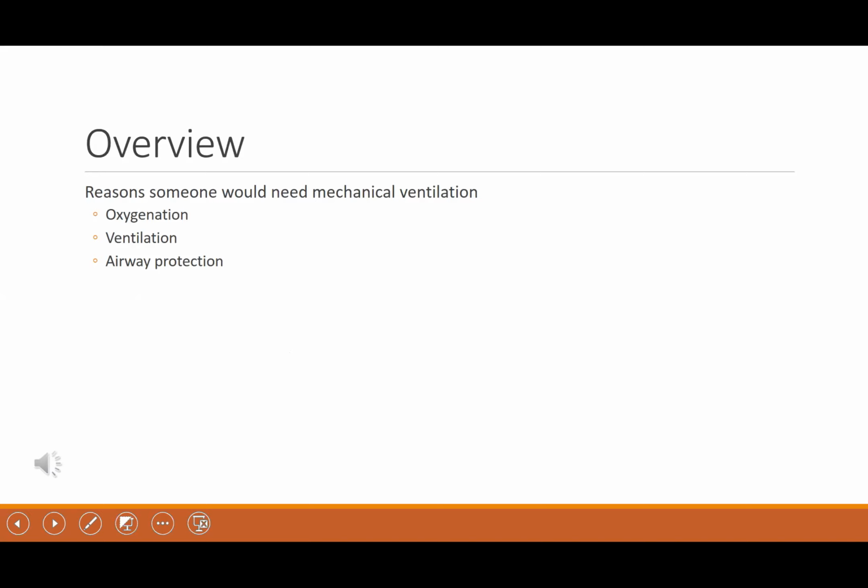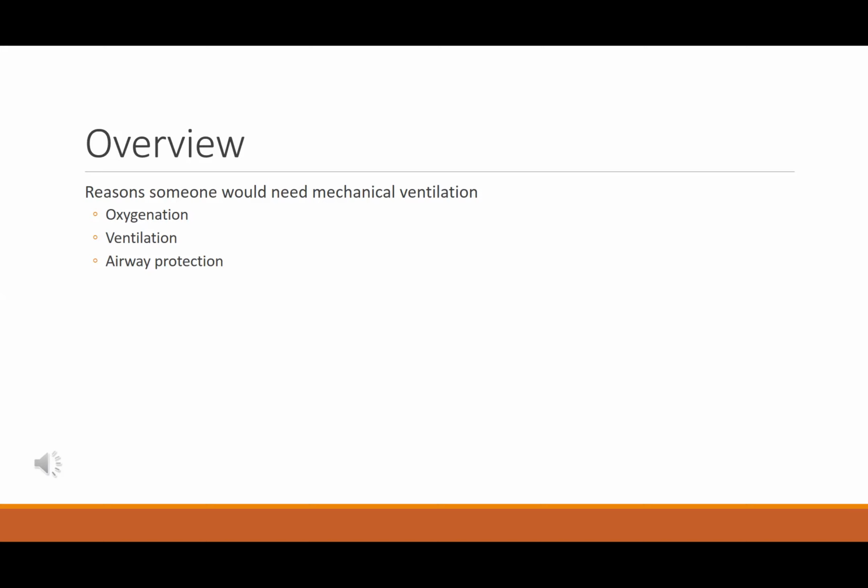Okay, so when I teach about mechanical ventilation, I like to narrow it down and very simply state that there are essentially three primary reasons that somebody would need to be put on a mechanical ventilator. We're going to talk about some of those reasons throughout this presentation.